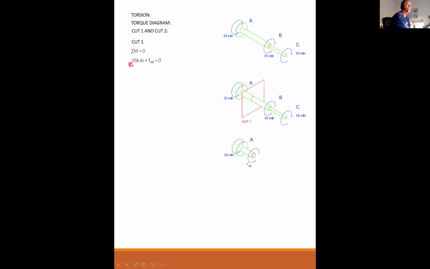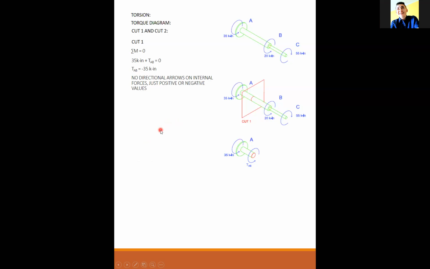I have 35 kip inches plus TAB is equal to 0 because they're both going in the same direction. So TAB has to be minus 35 kip inches. Now, this is an internal force, so no direction arrows on internal forces. You just tell me, is it positive or negative? And this would be a negative torque.